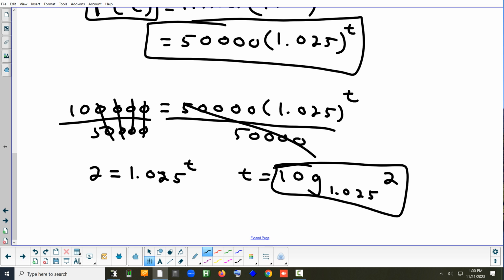This is the third property. I want to deal with having that exponent. Well, I don't want to deal with it as an exponent. I want to get that t somewhere else. But I can only do this if I have something on the right-hand side. And right now I don't have it.